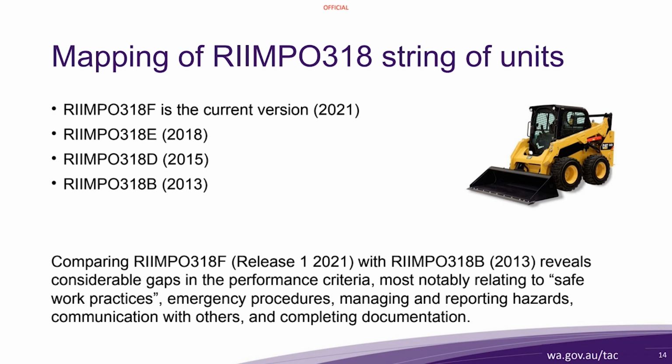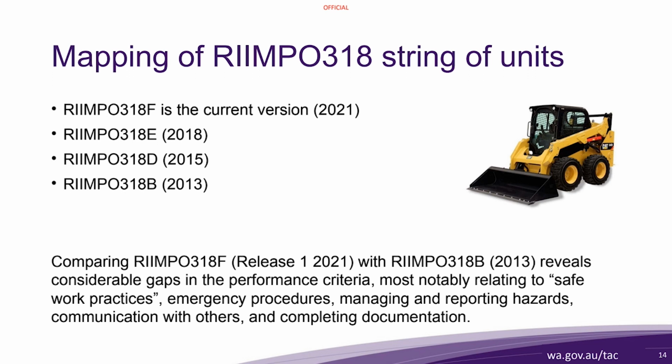It was preceded by one in 2018, and that in turn was preceded by a D version in 2015, which was preceded in turn by a B version in 2013. So in 2013, this unit of competency was written. There may have been earlier versions, but we would not necessarily have the text of those. So we're dealing here with just the units of competency for which actual text is available.